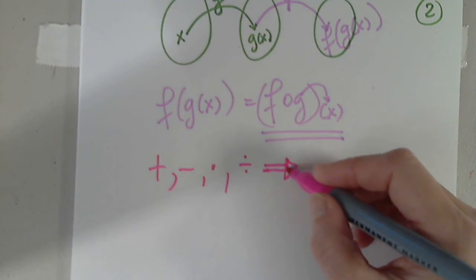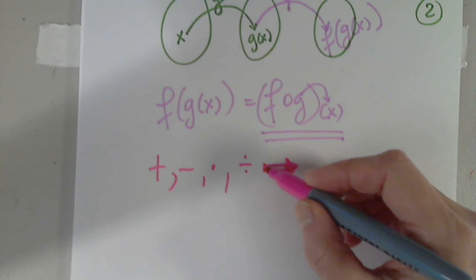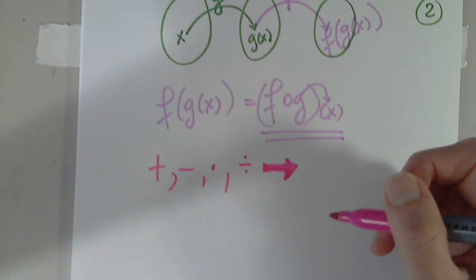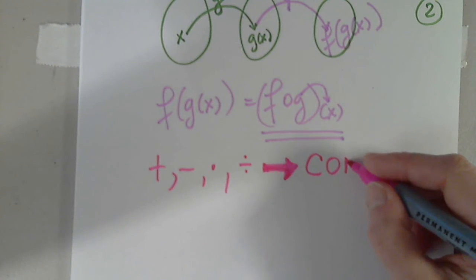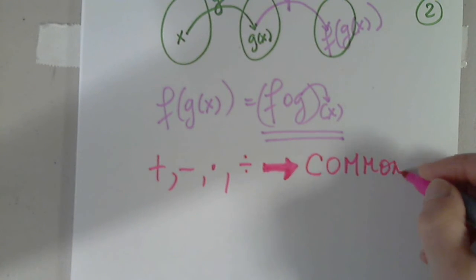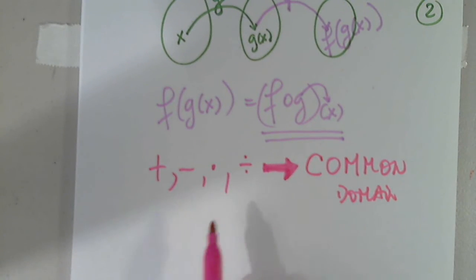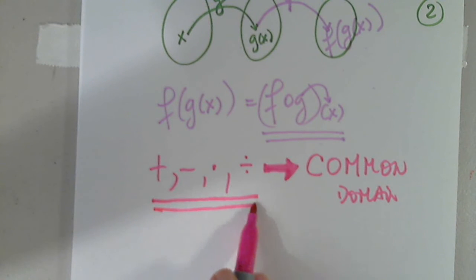Anyone? I didn't hear, but I'm assuming you said the common domain. So if those two functions, f and g, did not have a common domain, these functions could not be created.